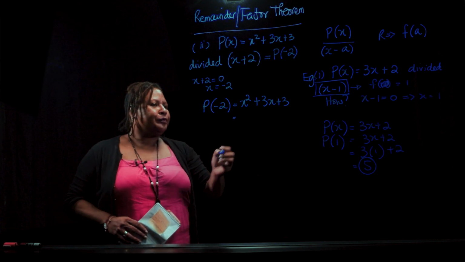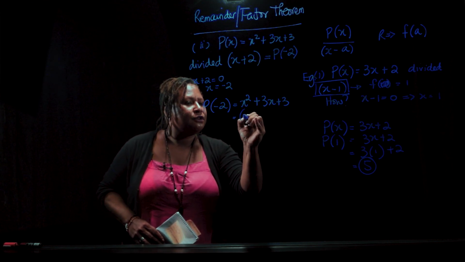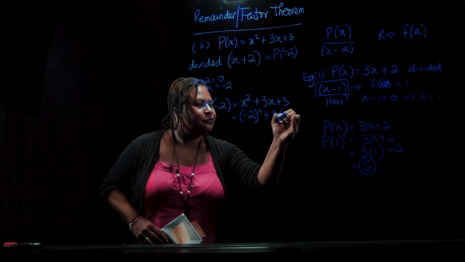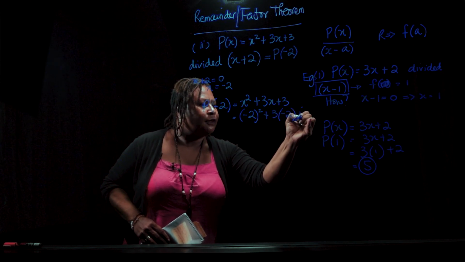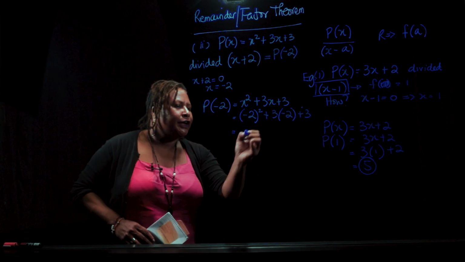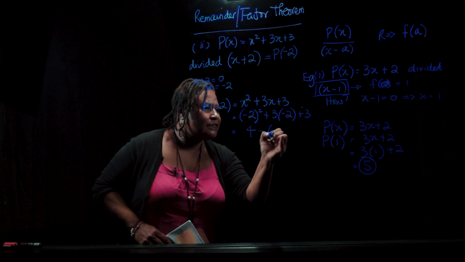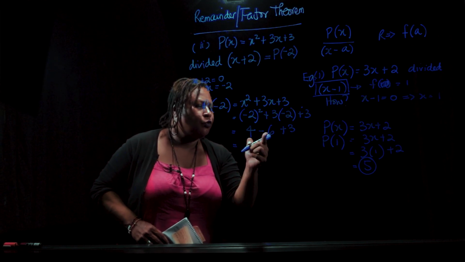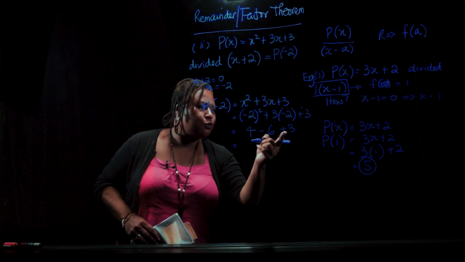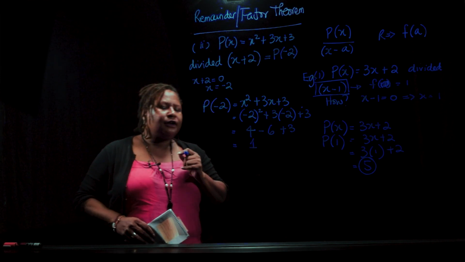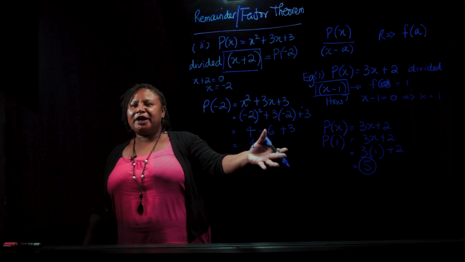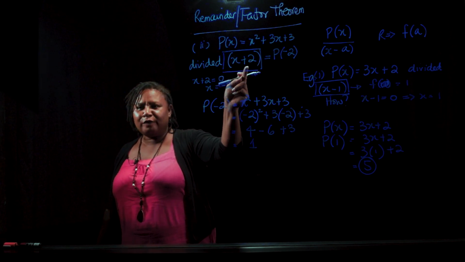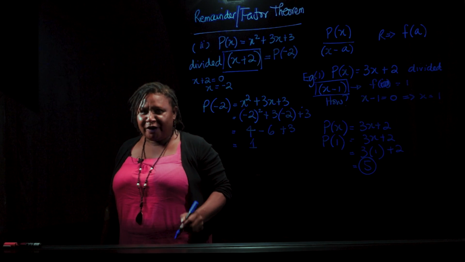We substitute -2 into the polynomial: 4 minus 6 plus 3. 4 minus 6 is -2, plus 3 will give us +1. As you can see, where there are remainders, we know that the linear polynomial that we have divided by is not a factor of the function.